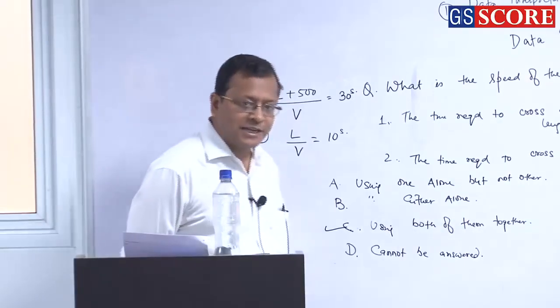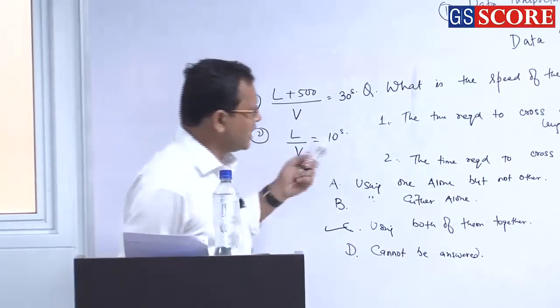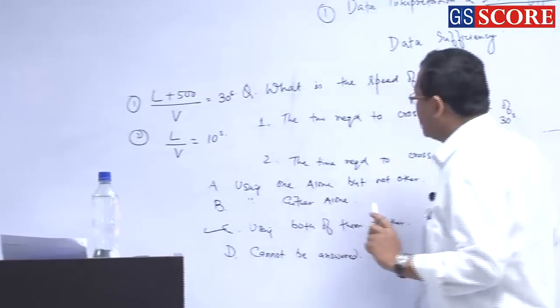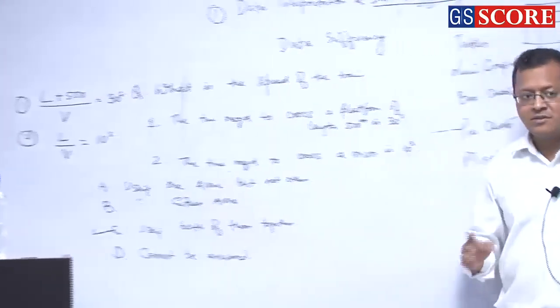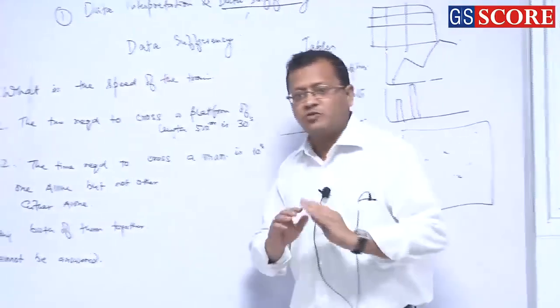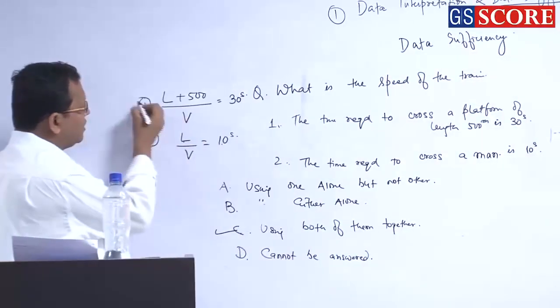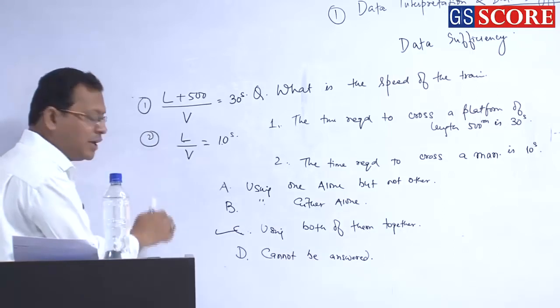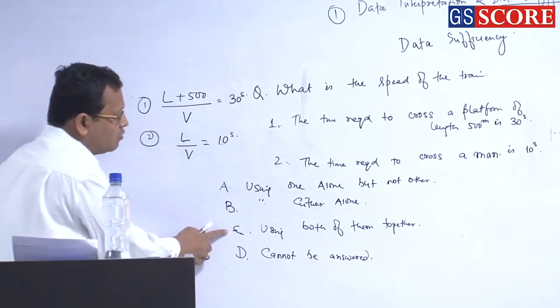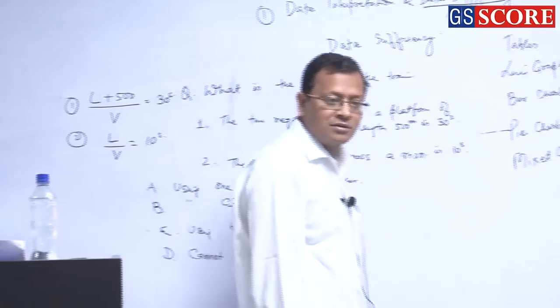That's what I was expecting. That is what is known as judgment, right? So in case of man, if you say, sir, man's width is same as pole's width, so we will neglect that, and we can again write this as L by 10 seconds, and we can write the answer to be C again. We are making a mistake because I have not told you whether the man is moving or not.